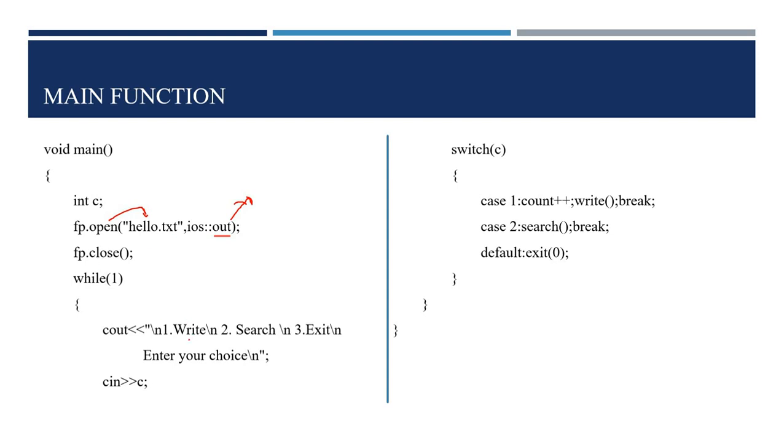Then the user is asked to enter the choice: write, search, or exit. Based on the choice, the switch statement will be evaluated. If the choice is 1, it will enter the record into a file. If it is 2, it will search a record based on the RRN value.